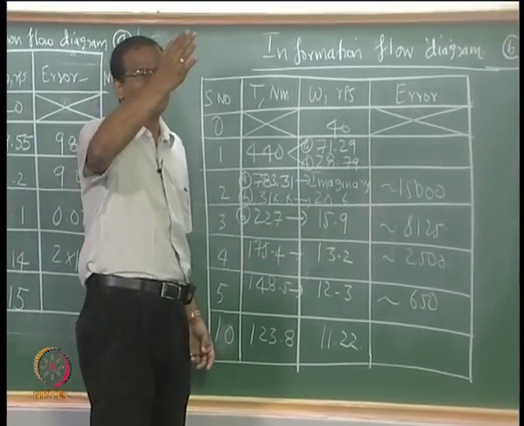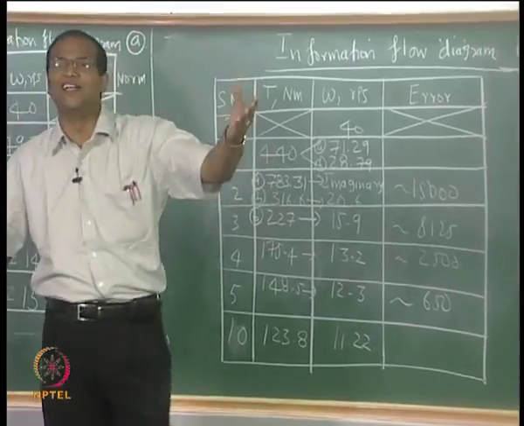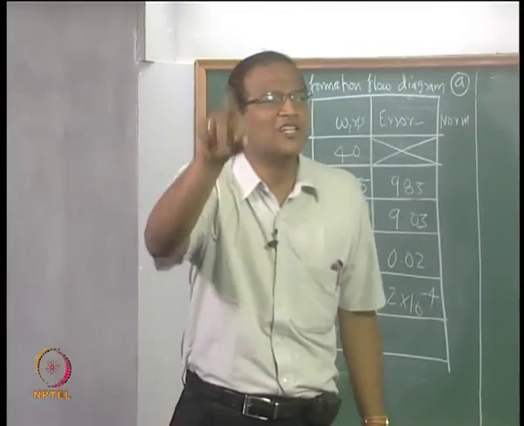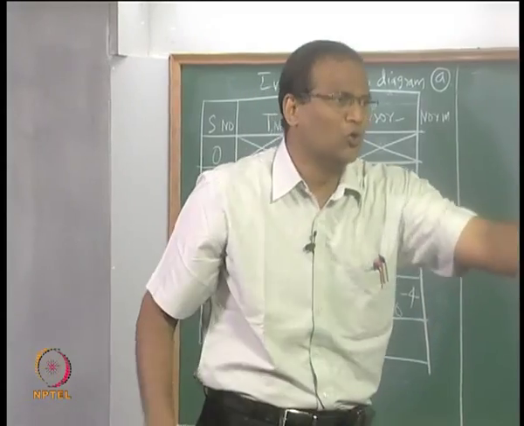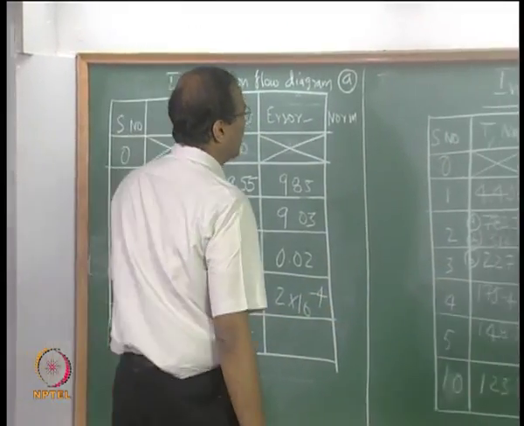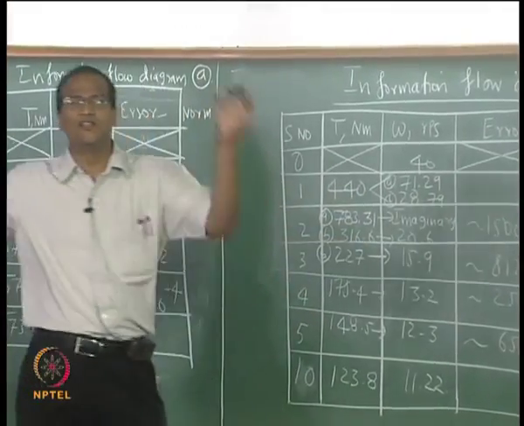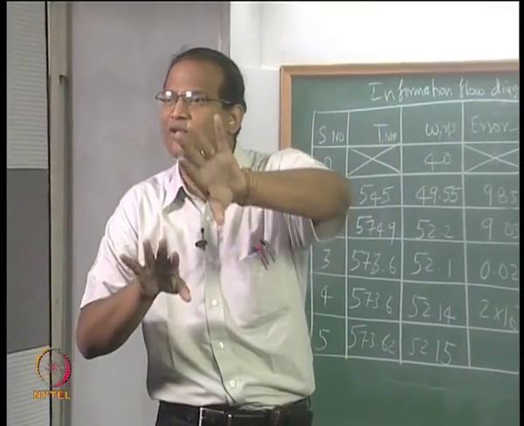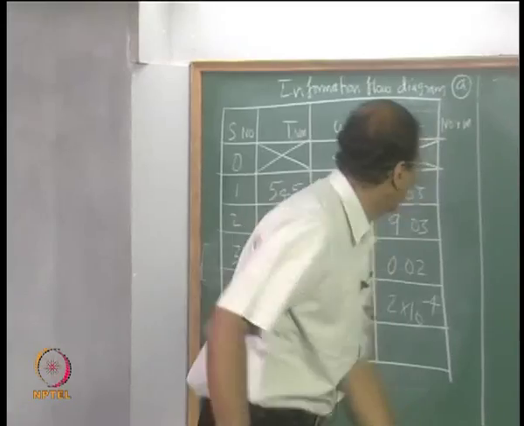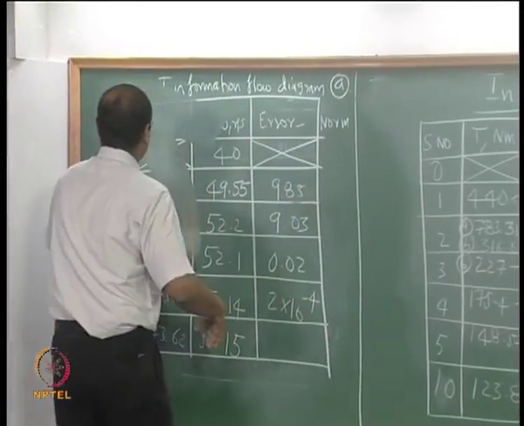Venugopal already approached it from 5 and got the answer, but we will check it now. Okay, so please start with 9 RPS or 10 RPS and do 2 quick iterations using information flow diagram B, and get yourself convinced that it will hit the same solution of 11.22. Okay, so examining the stability.